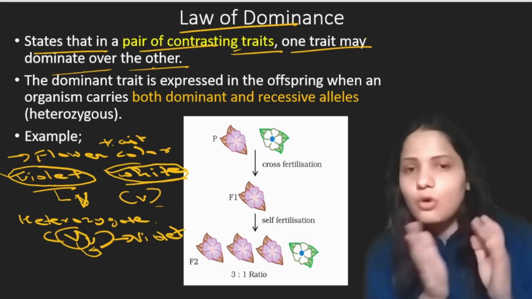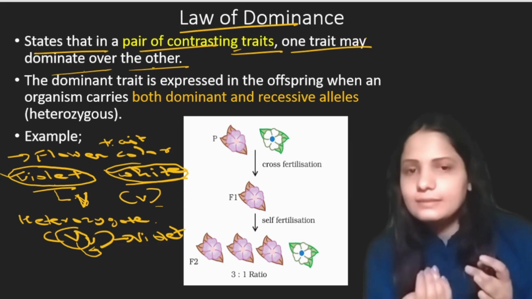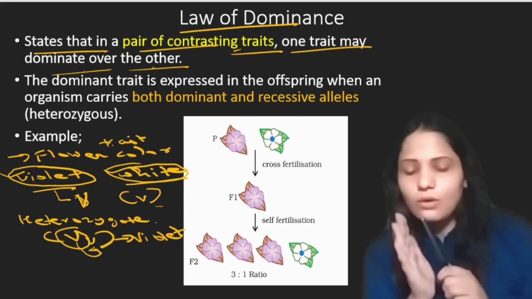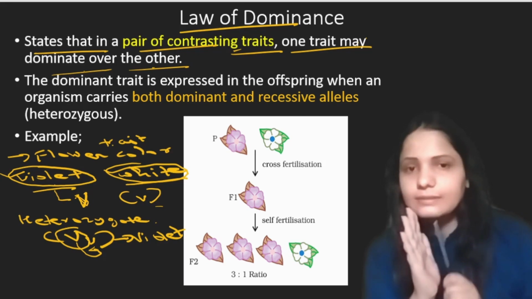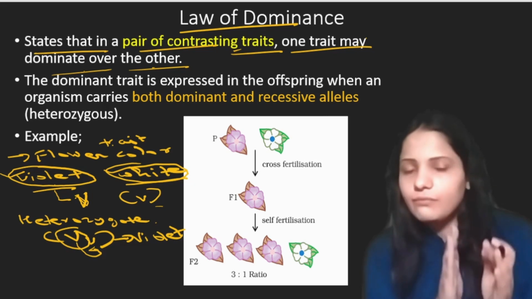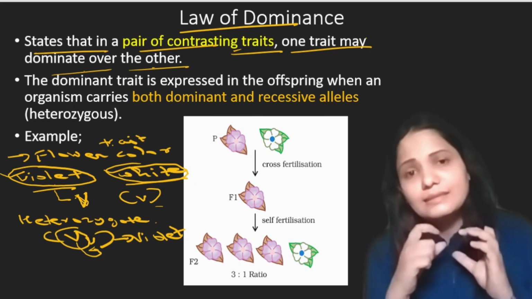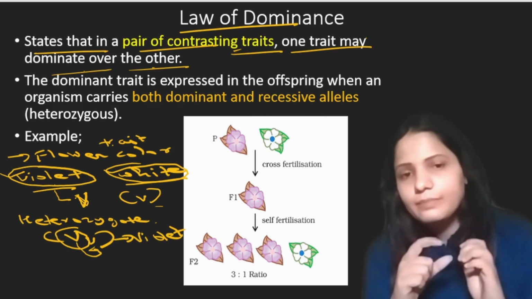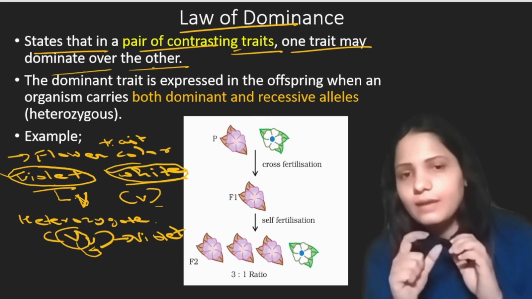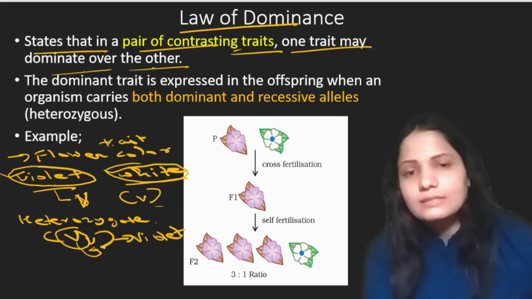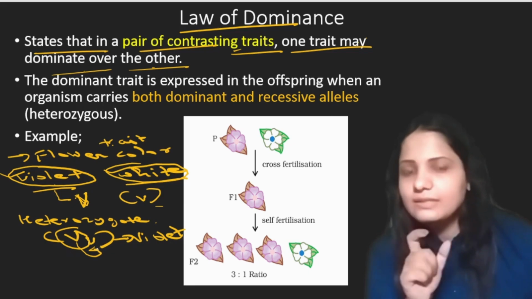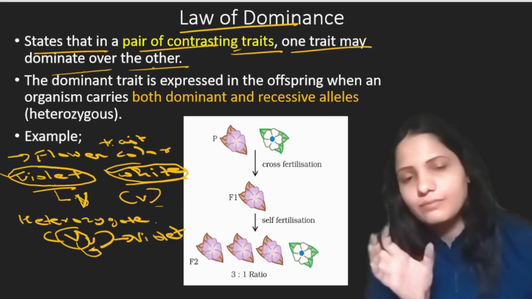Violet color is dominant over white color. So whenever we have the allele of violet color, capital V, and the allele of white color, small v, in the same plant, then that plant will have violet flower color, because V is the dominant allele which dominates over recessive allele small v. White is recessive in this case and violet flowers are dominant.